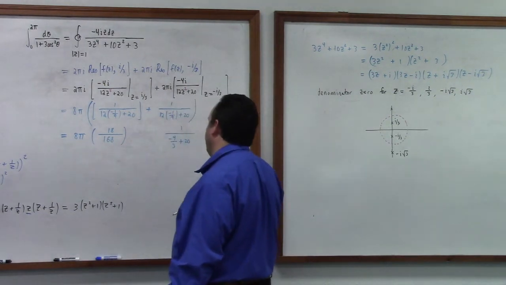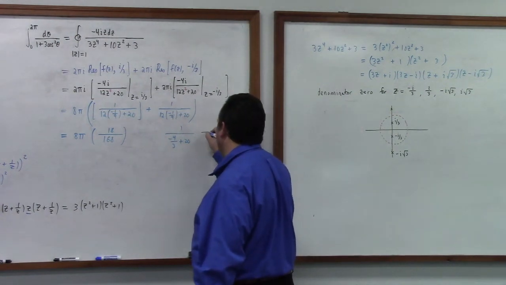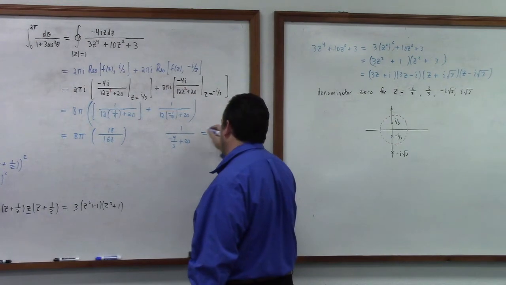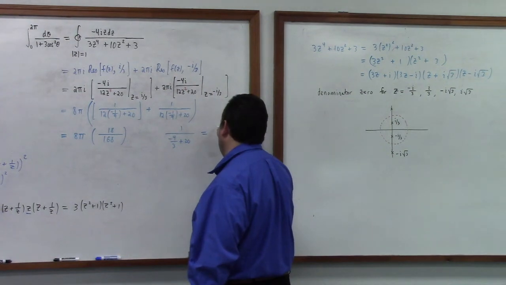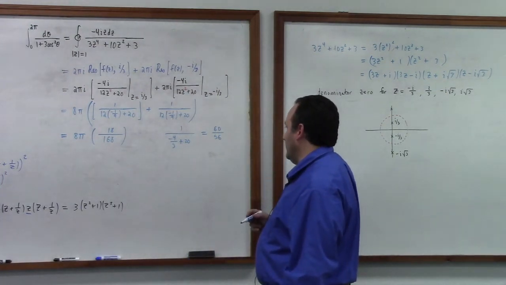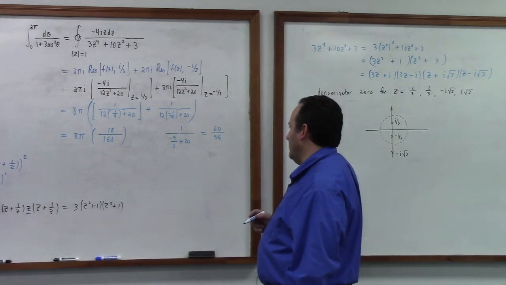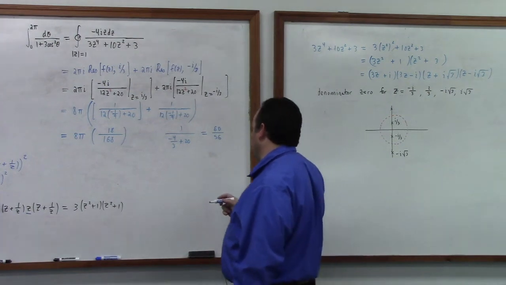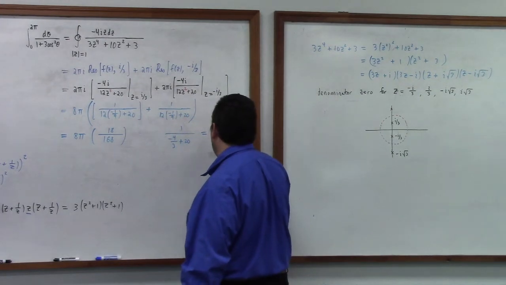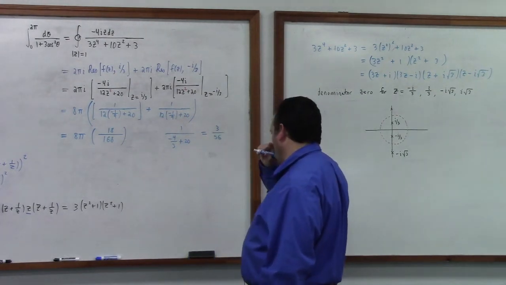And 20 can be written as 60 over 3. So you get 3 over 56, right? Yeah, okay, that's right.